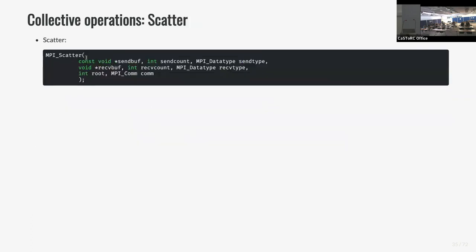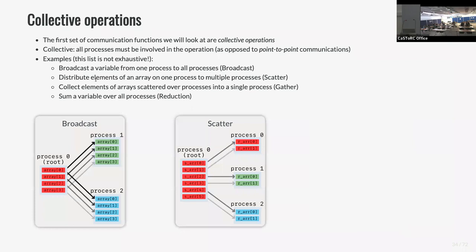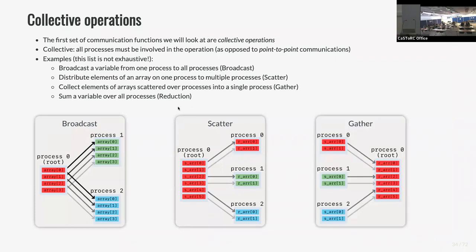Okay, these are the semantics of the scatter operation. Again, the scatter is this one here, where you're distributing the elements of an array to the other ranks that are participating.